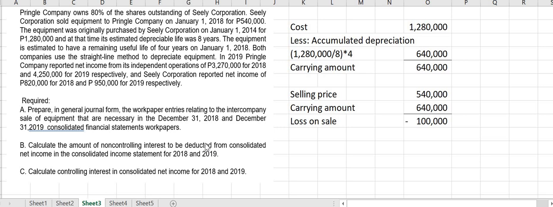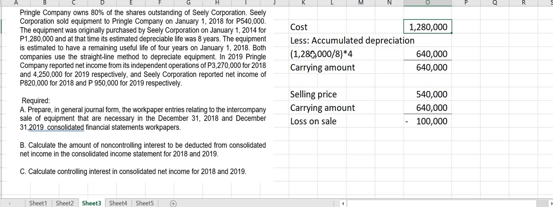Okay, so first we'll compute the gain or loss for the sale to be recorded in the books of the selling affiliate. Since the cost of the property is 1,280,000, right? And it's really the accumulated depreciation, we have 1,280,000 divided by 8 times 4, because the age of the property is 4 years, right?